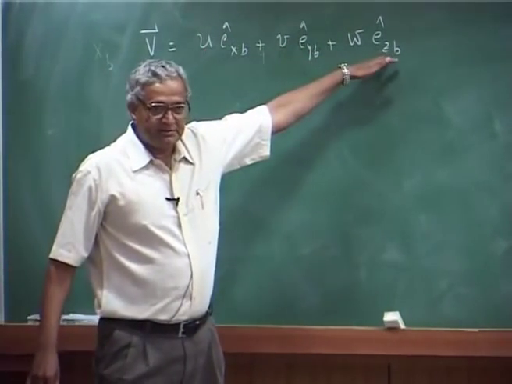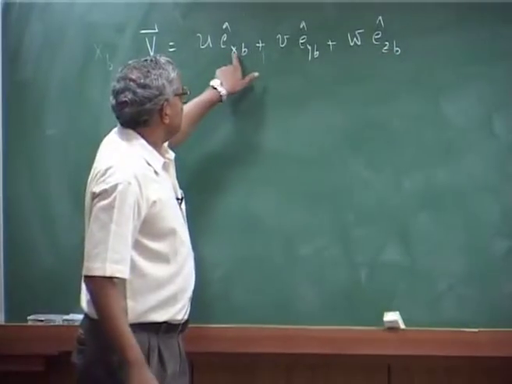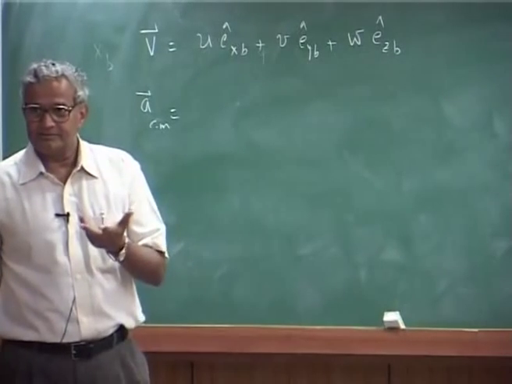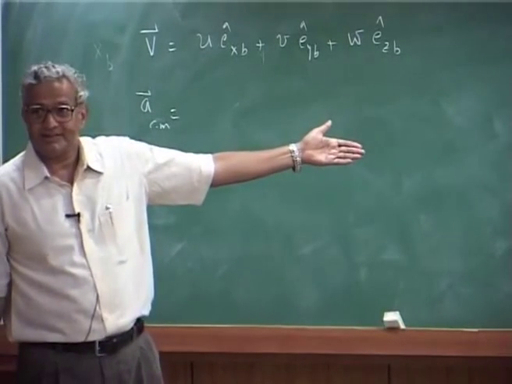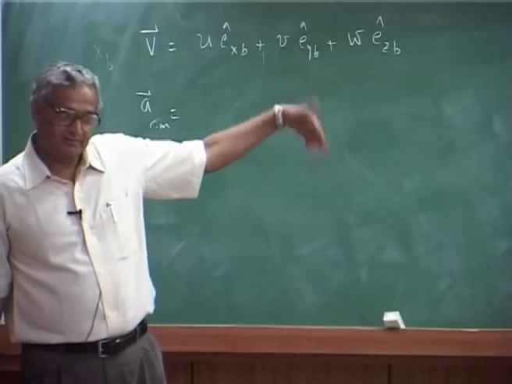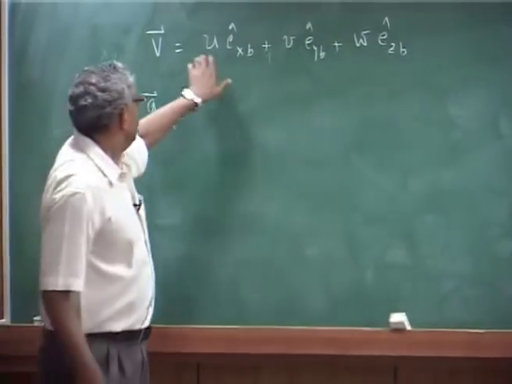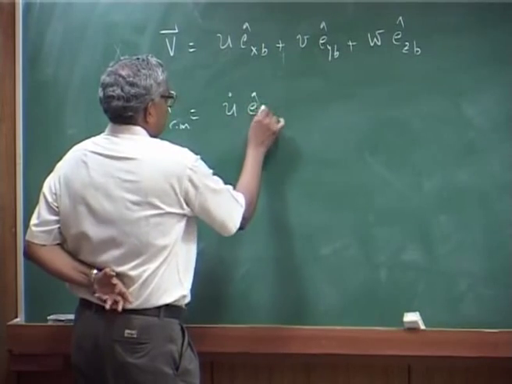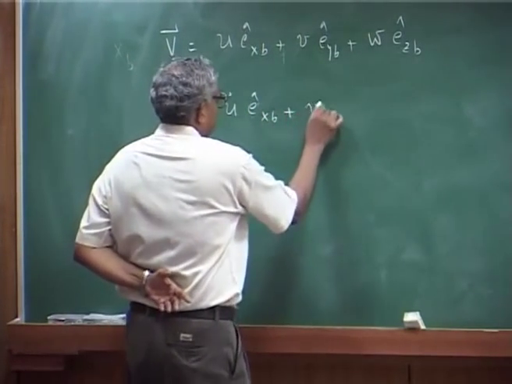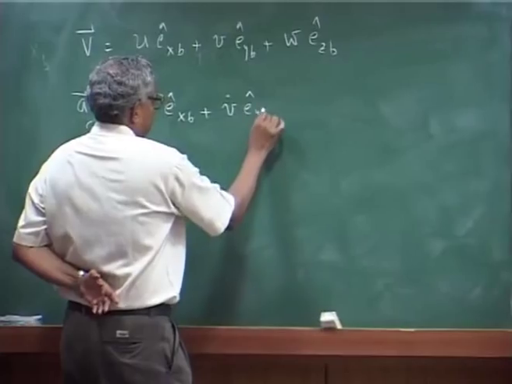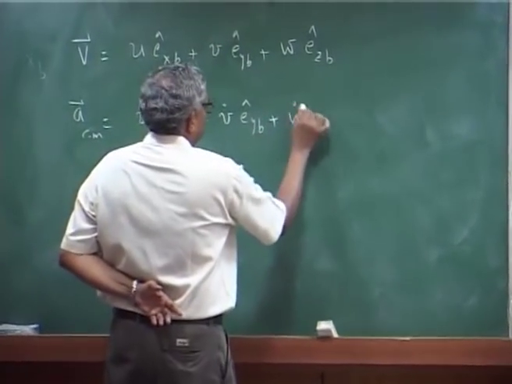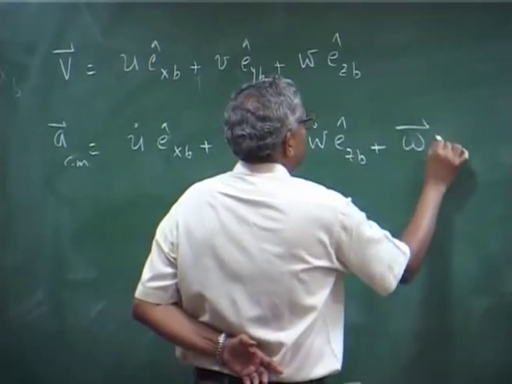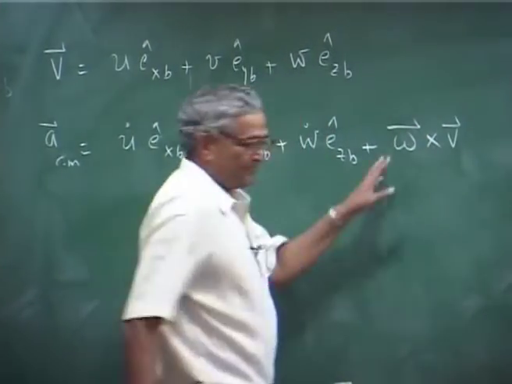Time derivative of this, and then these vectors are also changing their orientation, but they change with the angular velocity. So omega cross v will come. So you will have u dot e x b plus v dot e y b plus w dot e z b plus omega cross v.